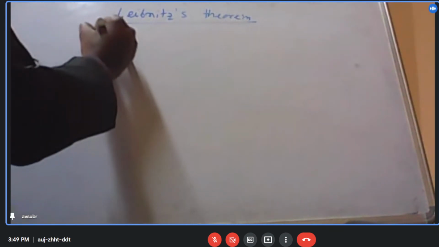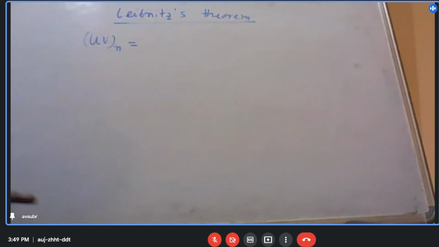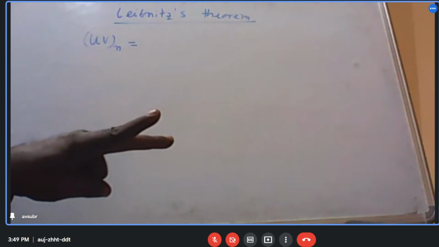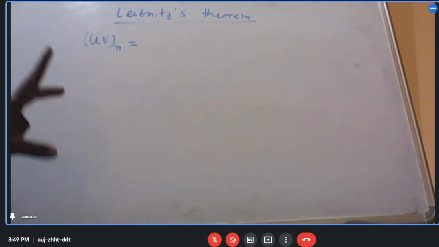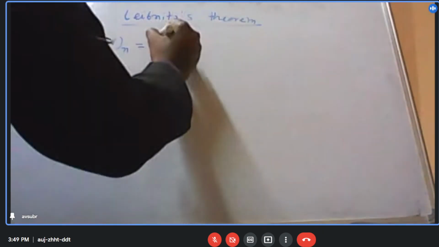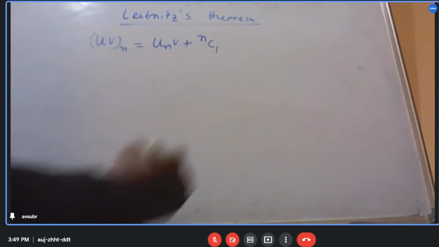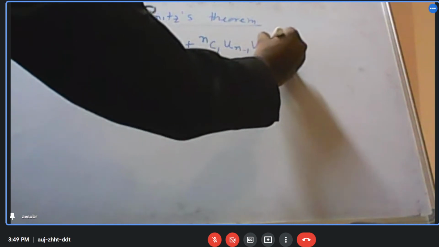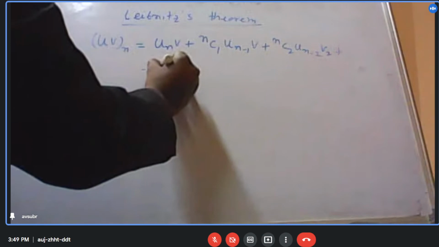So what does it say? It says that if you are looking for the n-th derivative of the product of two functions, then according to Leibniz theorem, it will be given by u_n v plus nC1 u_(n-1) v_1 plus nC2 u_(n-2) v_2 and so forth.